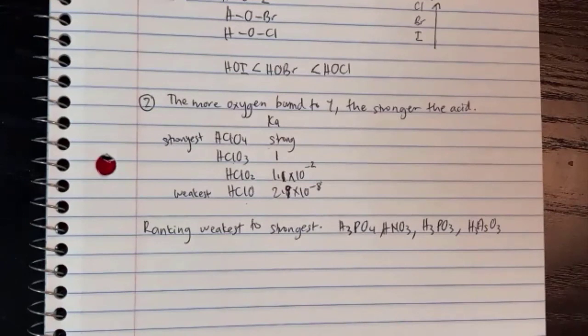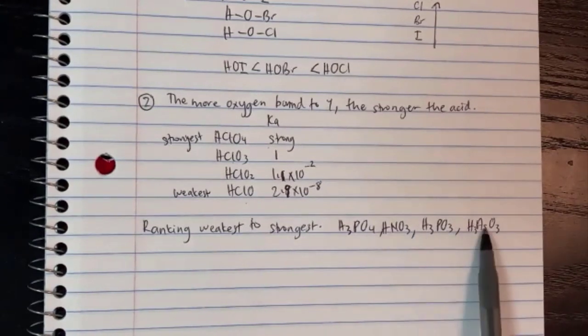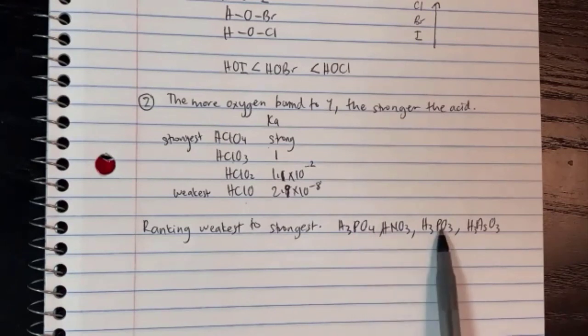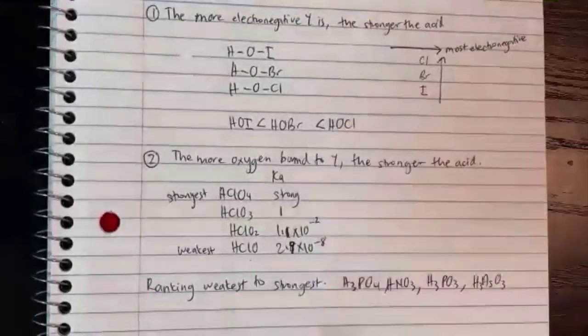So the first thing we want to look at is electronegativity, and then we can also judge the number of oxygens. Everybody has 3 oxygens here except for PO4 and PO3. Between PO4 and PO3, PO4 is going to be stronger because it has an extra one. Okay, but the first trend we look for is electronegativity.